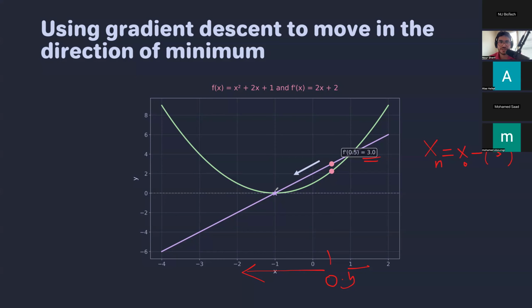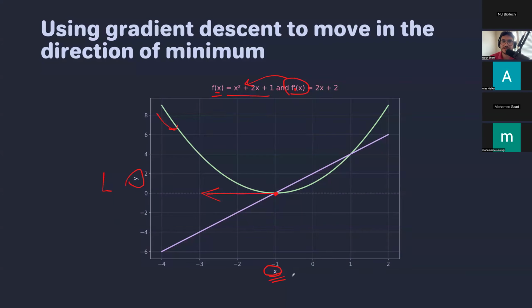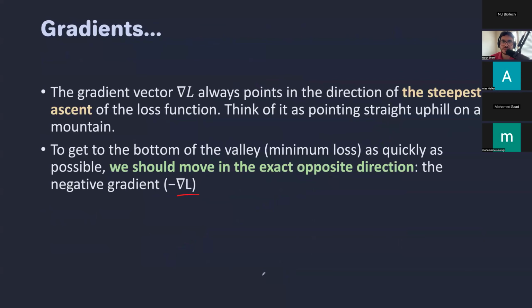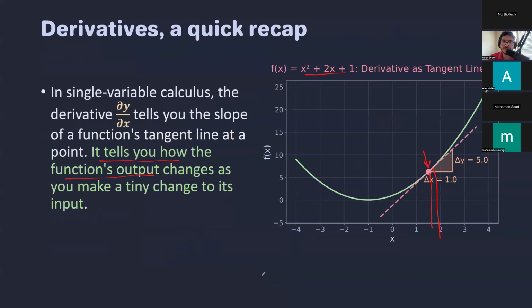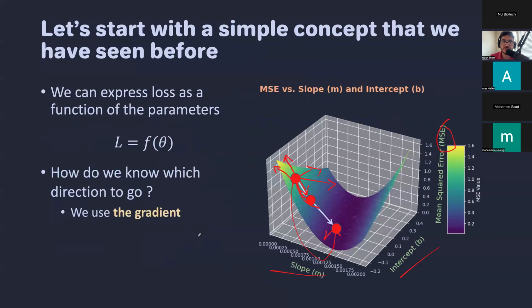When we plotted this, I just highlighted that the x value here is the actual parameters. If we go back to this slide, the entire thing we're talking about here is how loss changes as a function of your parameters, weights and biases.